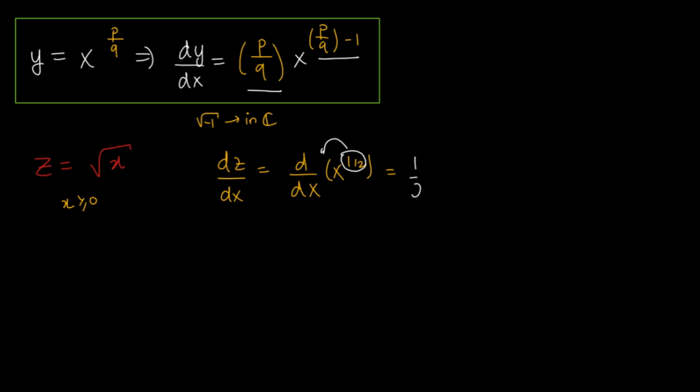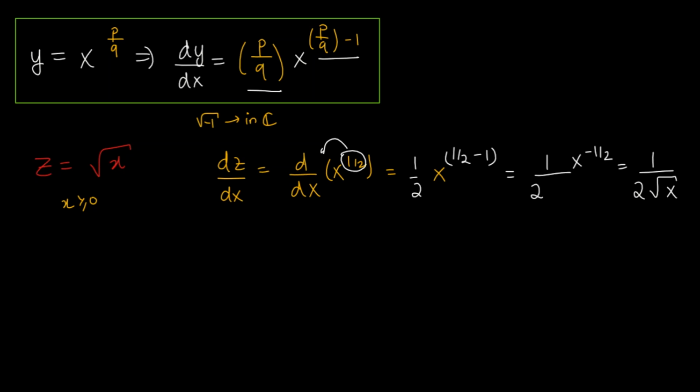So we will have half times x to the power half minus 1. And this gives you 1 over 2 times x to the power of negative half, or this is just a square root with a negative power, so you will just bring all of that into the denominator. This is the derivative of square root of x.